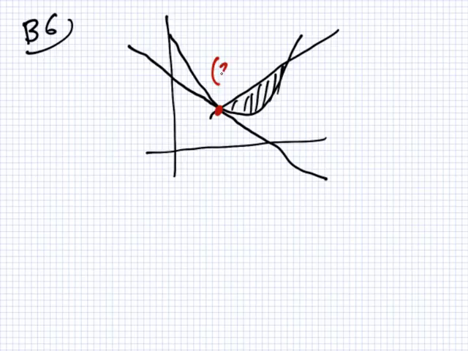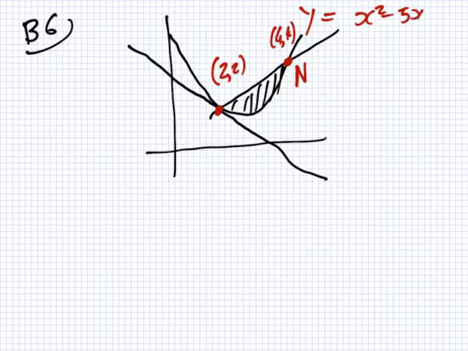2, 2. Okay, and do we know this? Yeah, 4. Oh, this is n? Ah, yeah, 4. Great. And we want this line, yeah? Yeah. This is m. Okay.